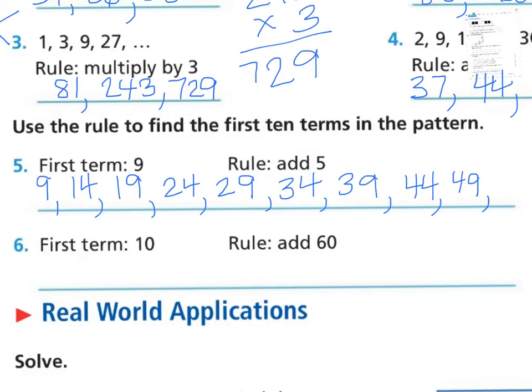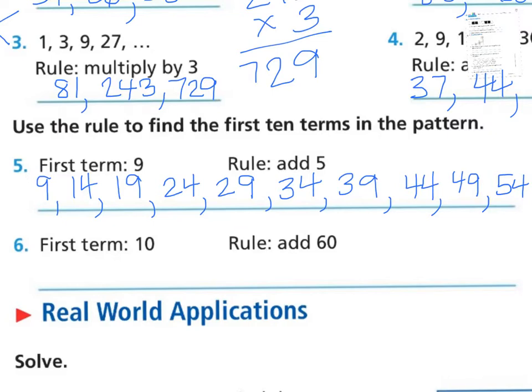So that would be 54. Let's look at those terms right now, because I see a pattern. Every 2 is 10, which makes sense because you're adding 5, and it's a 9 or a 4 in the ones place. Kind of interesting.